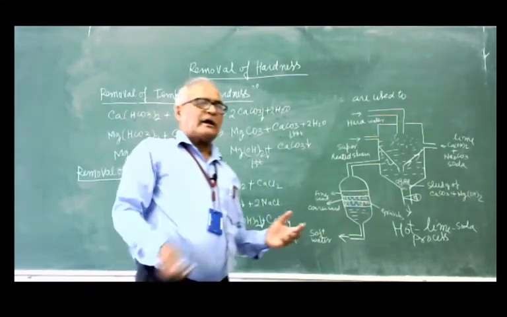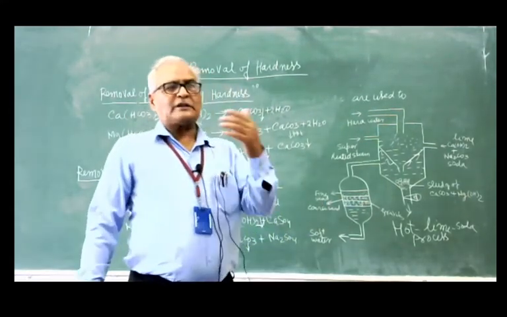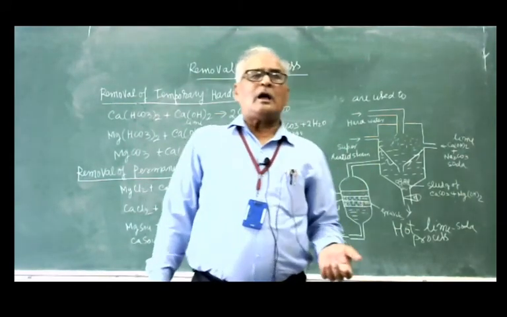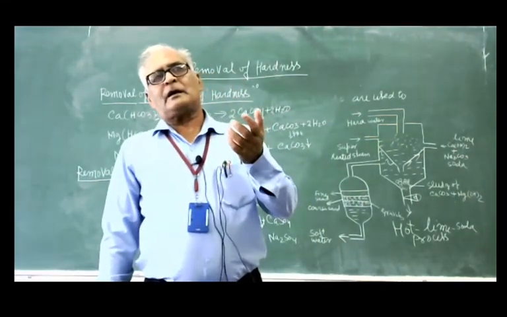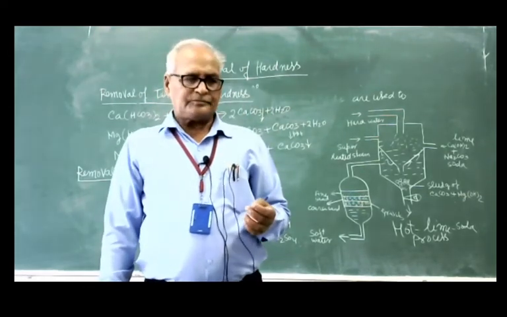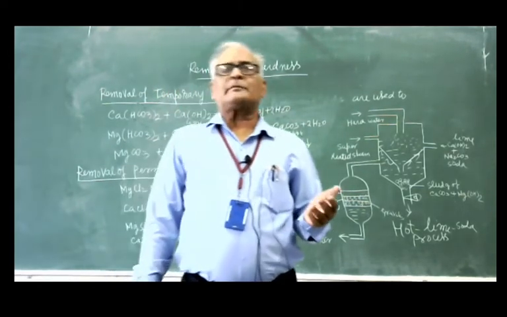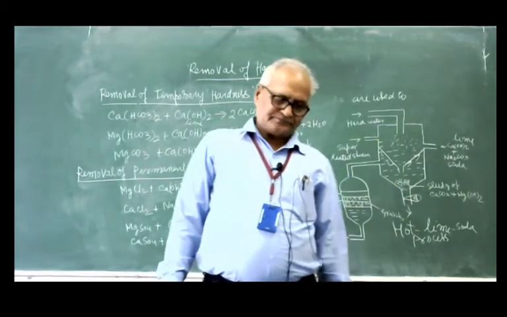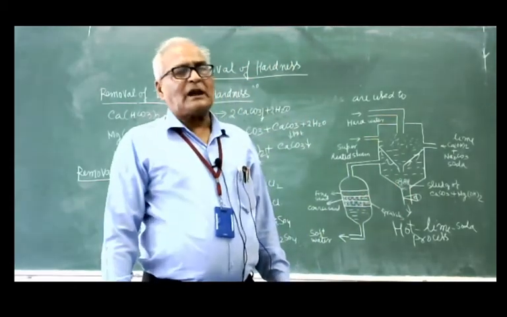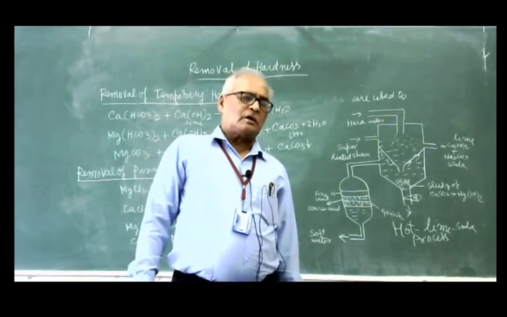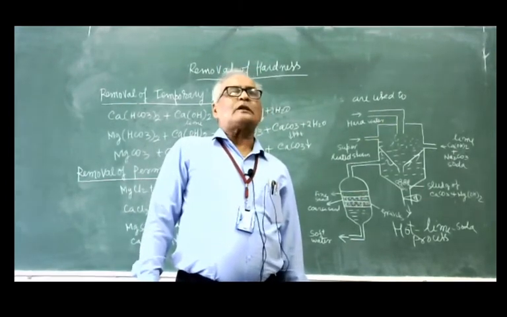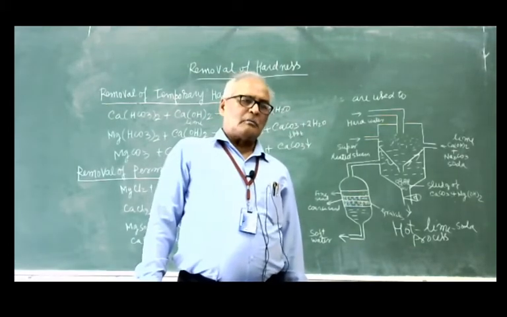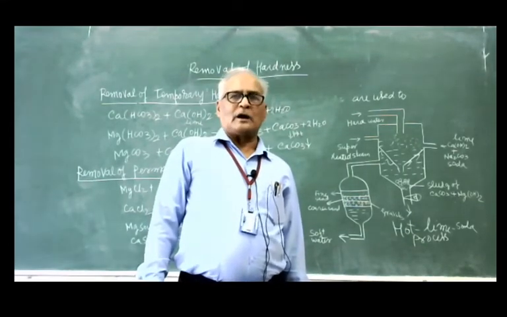In this way, in short, you can explain the different reactions involved during the lime soda process for the removal of temporary and permanent hardness. Now I shall discuss the calculation of the amount of lime and soda by using some formulas.